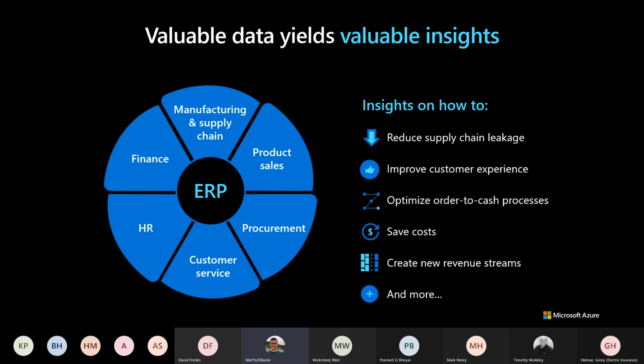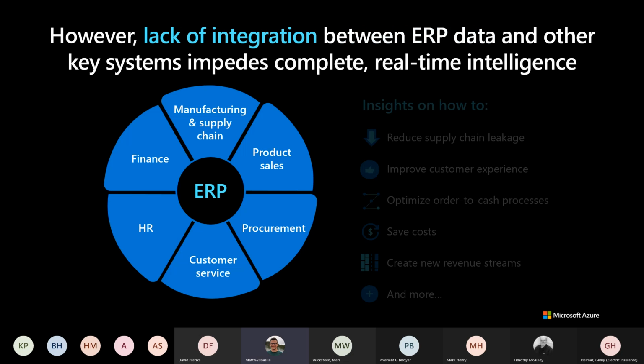But, and moving forward, it's not always that easy. And specifically, it's very often a lack of integration between ERP data and other key systems that's actually impeding your ability to have a complete view over all of your data.